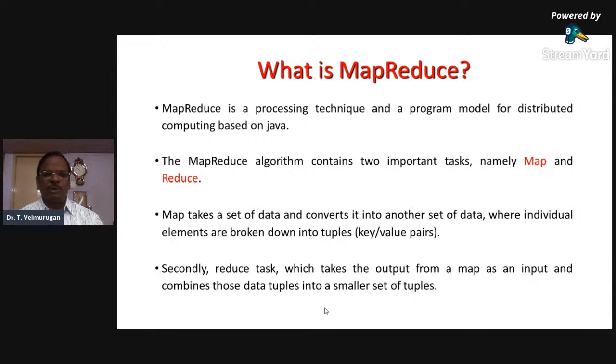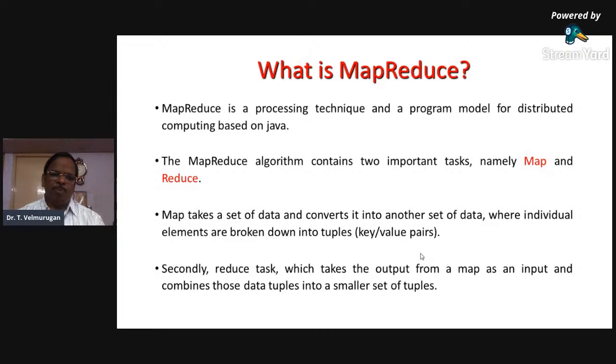Secondly, the reduce task takes the output of the map task as its input. It combines those data tuples into a smaller set of tuples.